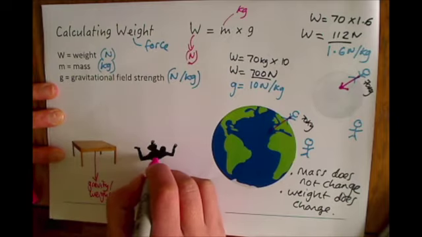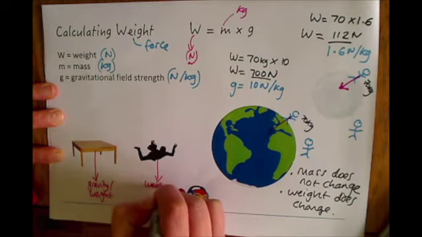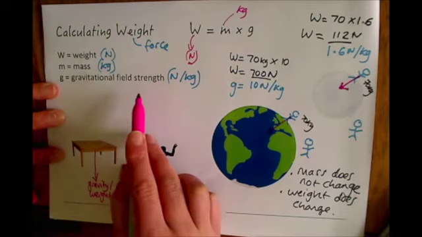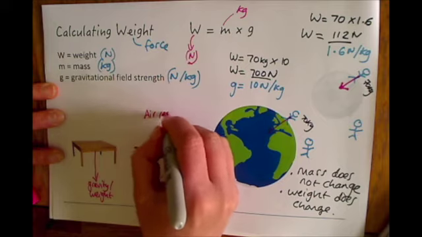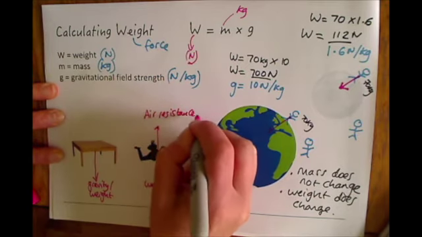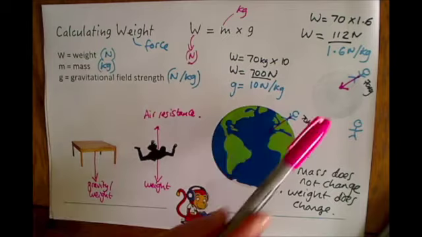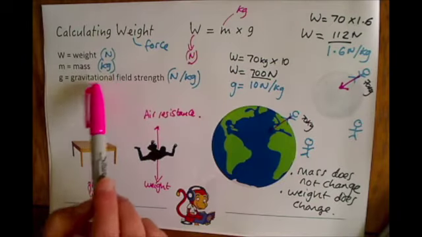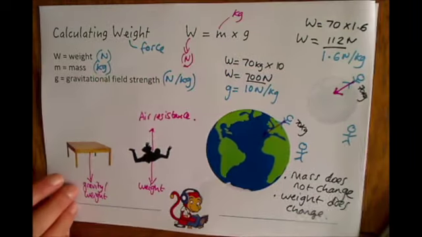And just like when we're talking about falling parachutes in another video, the parachutist would have the force of weight pulling him down towards the earth, which would be his mass times gravitational field strength, and in the other direction he'd have the air resistance, for example. So you need to remember that weight's a force that's measured in newtons, and that weight will change depending on the gravitational field strength, whereas mass is measured in kilograms and mass does not change.